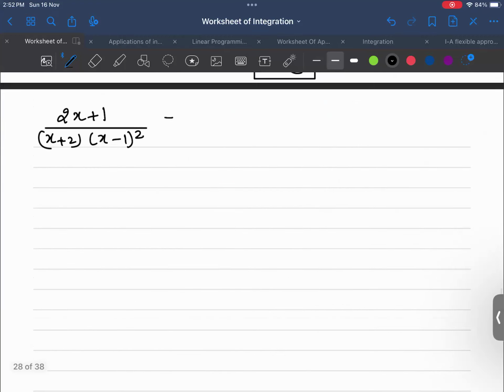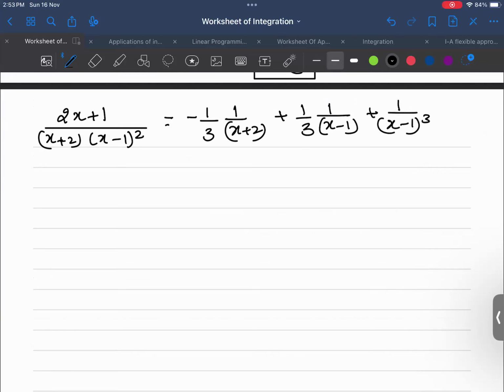It equals minus 1 upon 3 times 1 upon x plus 2, plus 1 upon 3 times 1 upon x minus 1, plus 1 upon x minus 1 whole square. I think it's clear. It is easy also.